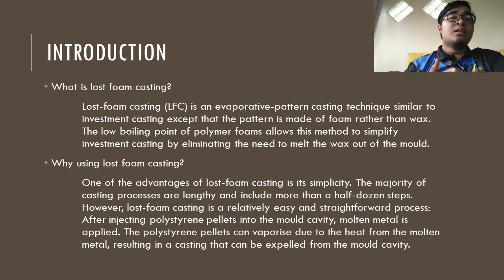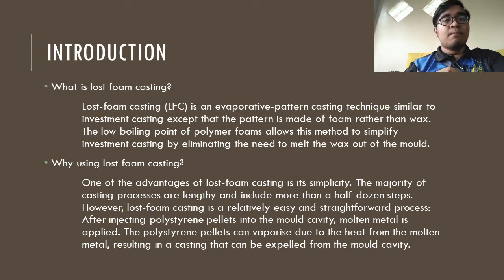Why do we use lost foam casting? One of the advantages of lost foam casting is its simplicity. The majority of casting processes are lengthy and include more than half a dozen steps. However, lost foam casting is a relatively easy and straightforward process.